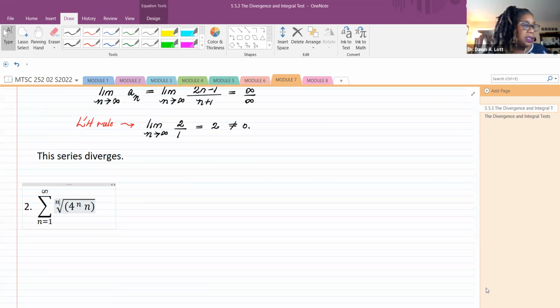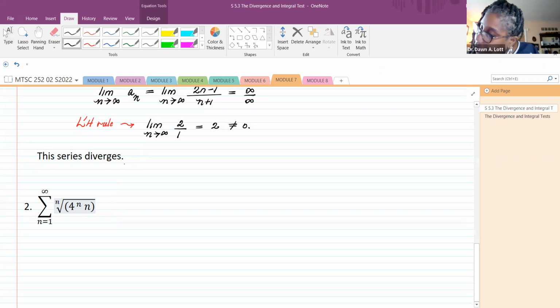So here, a_n is equal to the nth root of 4 raised to the n power times n.